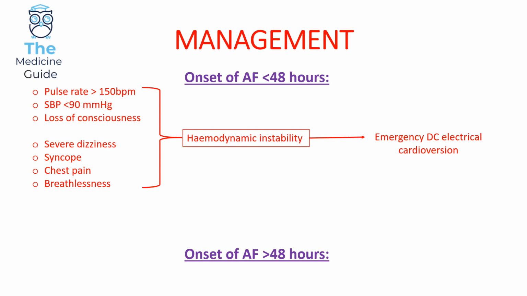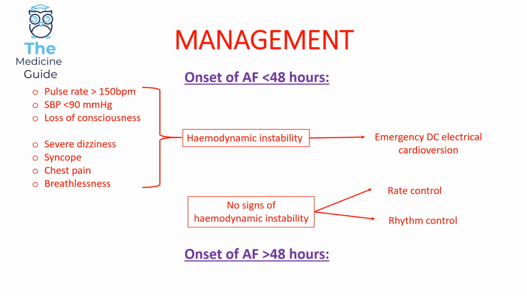Hemodynamic instability is a situation where the patient's pulse rate is more than 150 beats per minute, their systolic blood pressure is less than 90, they're suffering from a loss of consciousness, severe dizziness, syncope, chest pain and breathlessness. Those are all features of hemodynamic instability, and these patients need emergency DC electrical cardioversion.